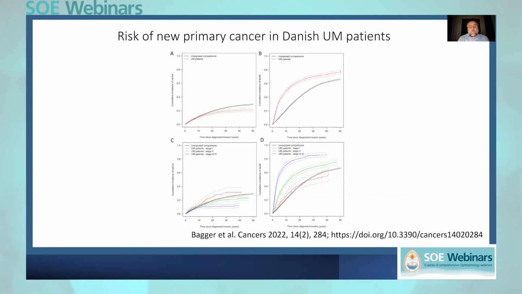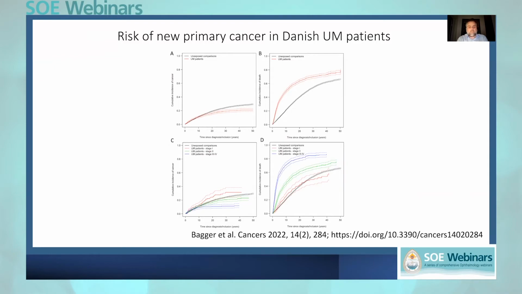In addition to death from disease-specific disease, we also find that the uveal melanoma patients has an increased risk of developing a new primary cancer. And in panel A, you see the black curve representing the risk of cancer in the background population, and you see the red curve for the uveal melanoma patients, and you see that the two curves cross over, indicating that in the first part, the uveal melanoma patient actually has a higher risk of developing new cancer compared to the background population.